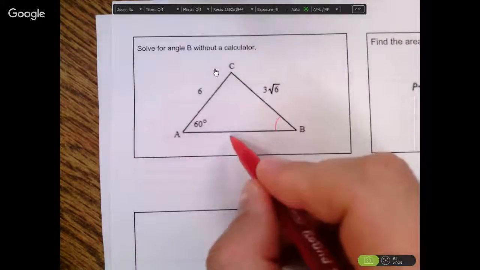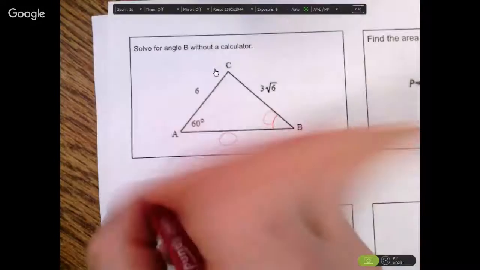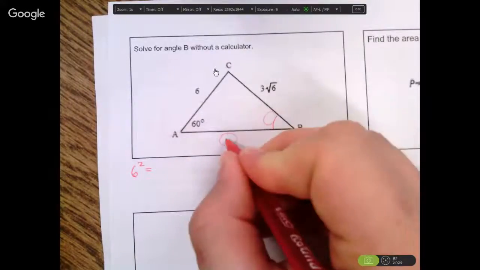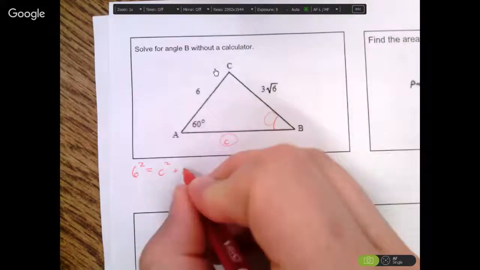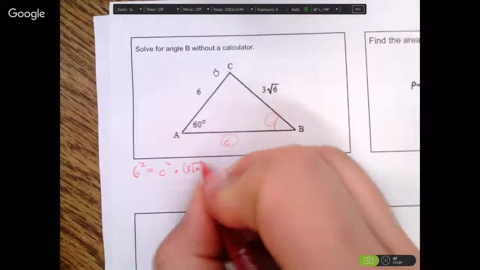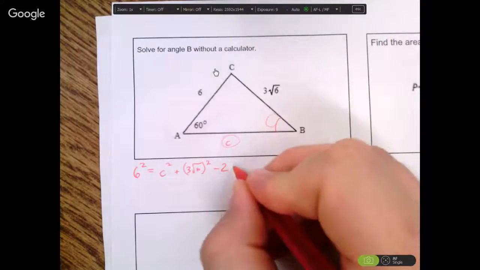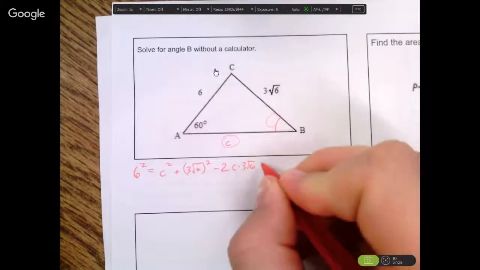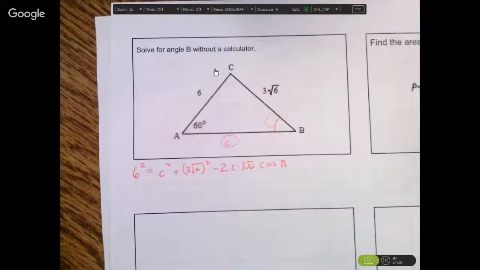So if I don't know this side and I don't know this angle, law of cosines says that 6 squared equals, I would call this lowercase c, c squared plus (3 square root of 6) squared minus 2 times c times 3 square root of 6 times cosine of B. So what's the problem with this one? Two variables. We can only have one.